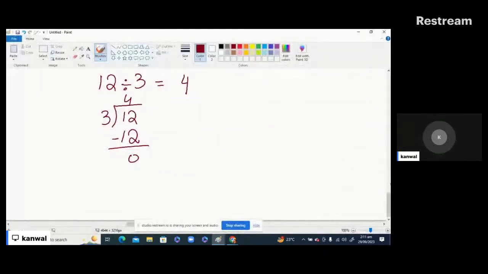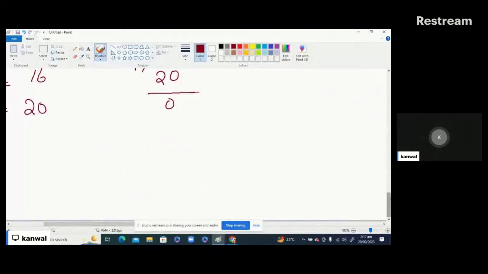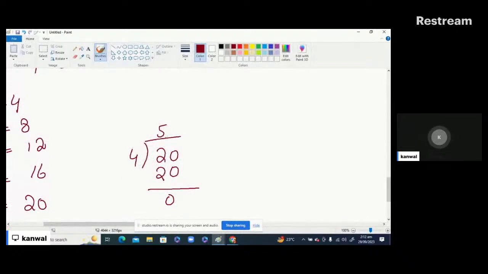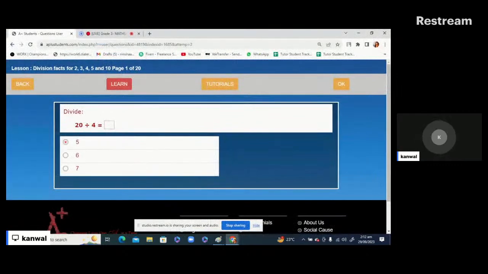We already solved this question, and the answer is 5. So let's click this option. There are three options. Then we just click on the first one, that is 5, and then okay for that. Let's check. Yeah, this is right.